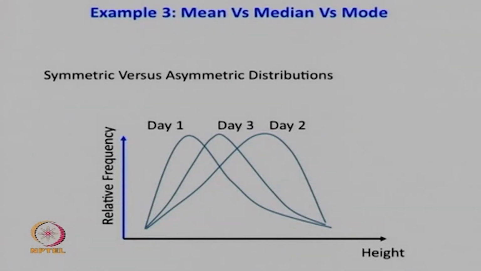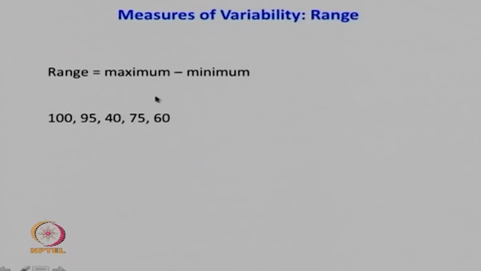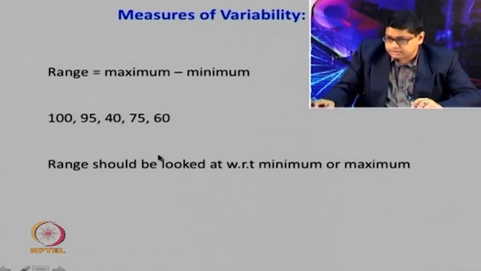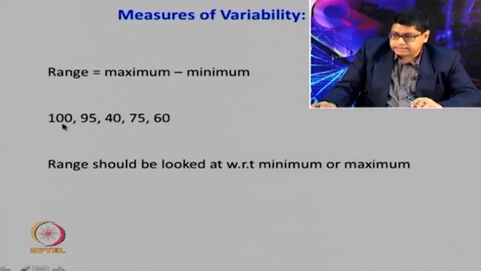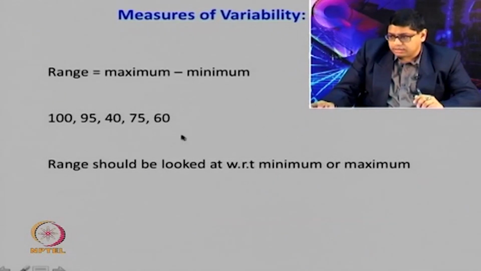One of the measures which is very frequently used is the range, which is nothing but maximum minus minimum. So in this particular case, my minimum is 40, my maximum is 100, so the range is equal to 100 minus 40 equal to 60. But the range by itself won't have any meaning unless the values are put in context.